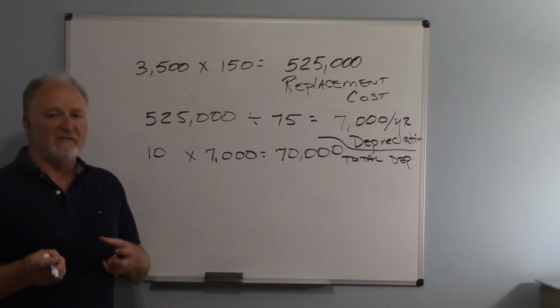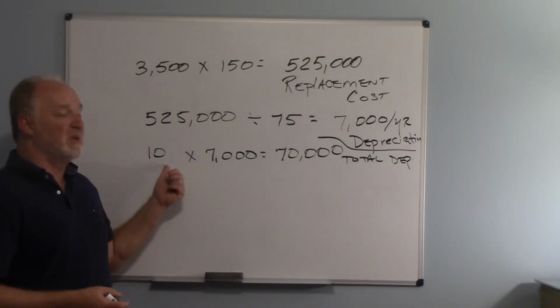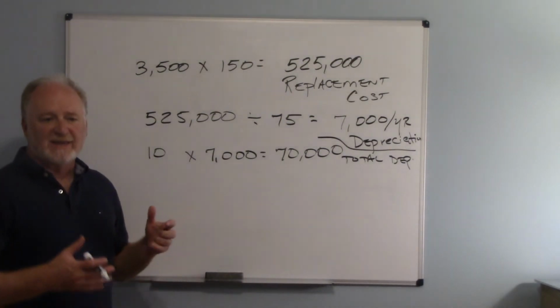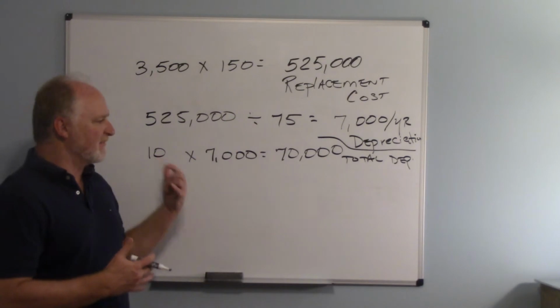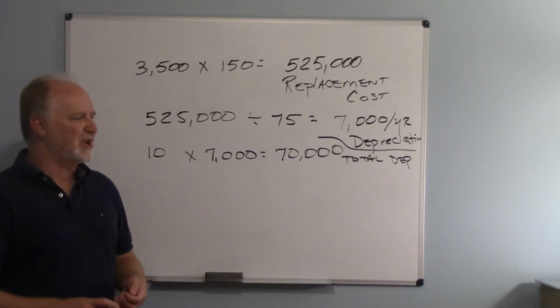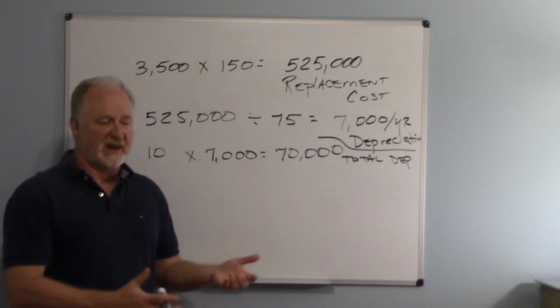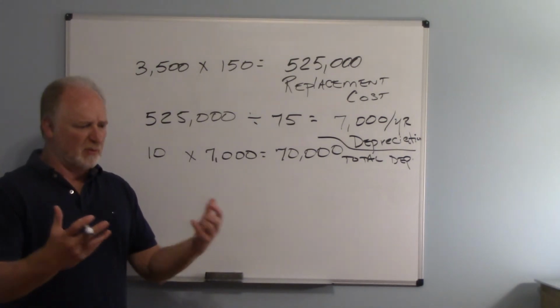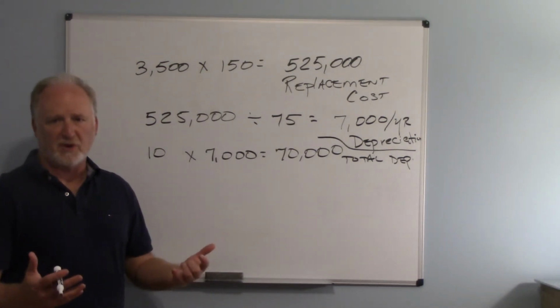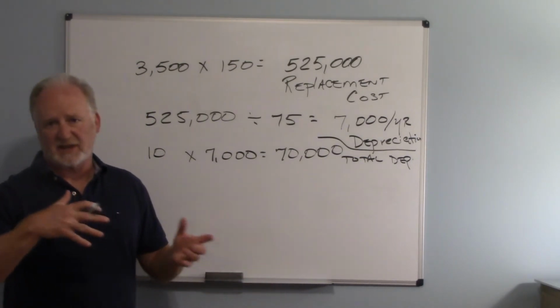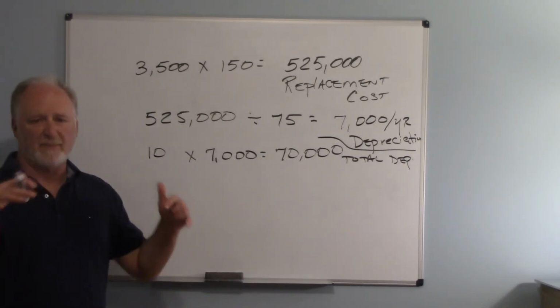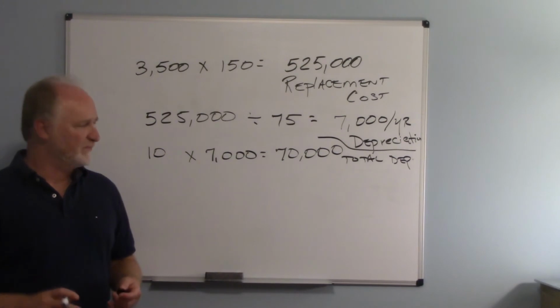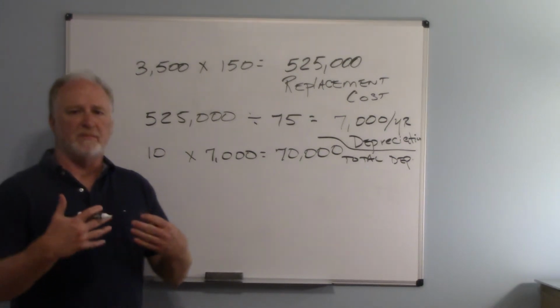And the definition of effective age is the age that the building appears to be given its upkeep. In other words, someone has obviously kept this building in pretty good shape because the building's actually 25 years, but it has an effective age of 10 years old. We've all seen buildings like that. They could be one block away, they could be a couple of years apart. One of them looks pristine because it's taken well care of. The other one is just dilapidated because of lack of care. Okay? Effective age, the age a building appears to be.